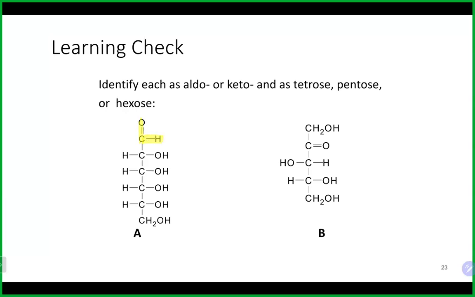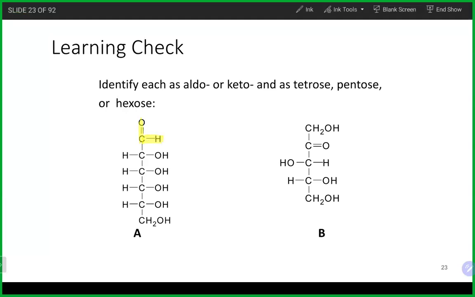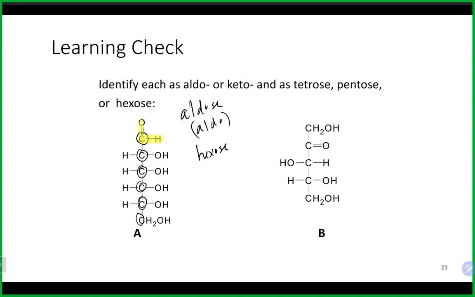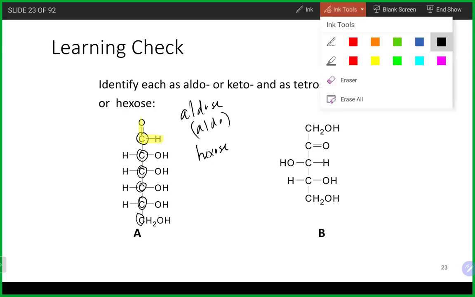That definitely looks like an aldehyde, and that means this would be an aldose, or aldo. We can also count our carbons: 1, 2, 3, 4, 5, and 6 in this case, and that would make it a hexose. And chiral carbons, how many do we have?